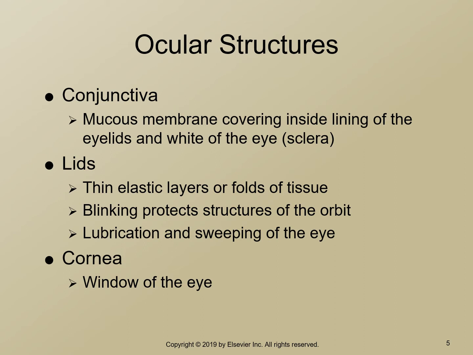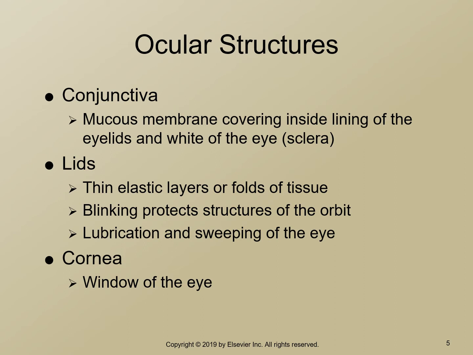As was discussed on the previous slide, the conjunctiva is a mucous membrane covering the inside lining of the eye. It's similar to those membranes in the mouth and nose and constitutes the front line of defense against invading organisms. The tears that keep the conjunctiva moist contain many enzymes and other factors that protect the conjunctiva from microbial invasion.